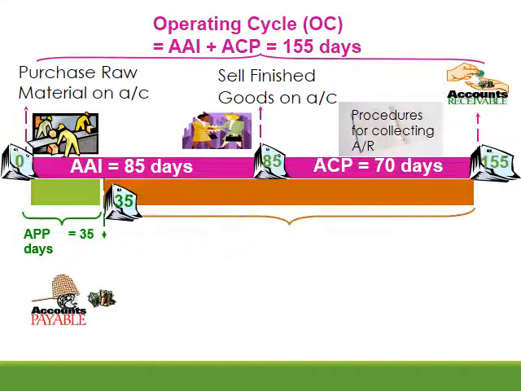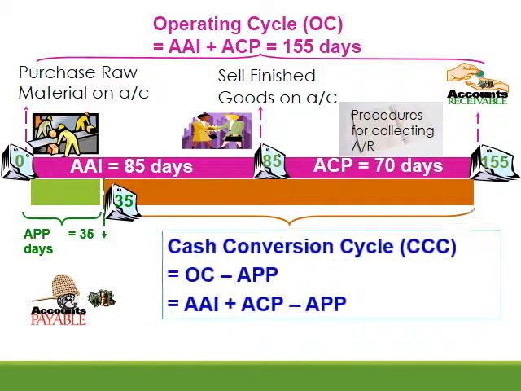The remaining days will be known as the cash conversion cycle. The formula is OC minus APP, or the longer one is AAI plus ACP minus APP. In this case, 155 days minus 35 days gives you 120 days. Any questions so far for this?